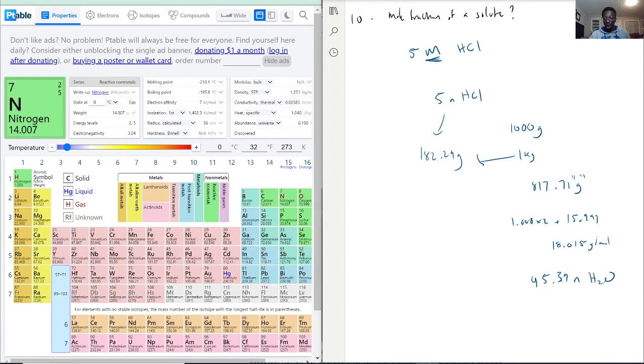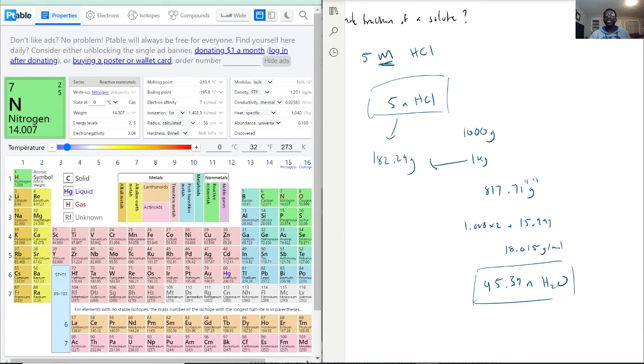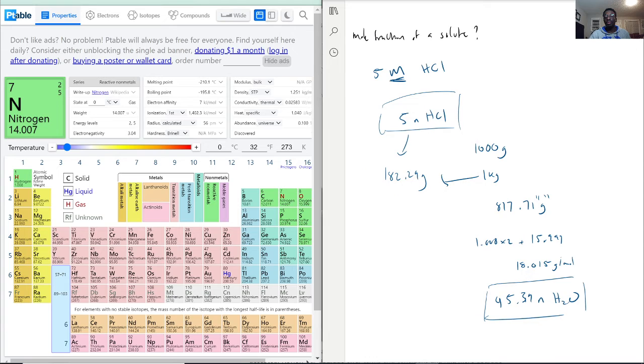This is all theoretical, but the important part here is, now that we have the moles of water and the moles of HCl, we can find the mole fraction. How much of this 5 molarity of HCl is composed of HCl? We divide the 5 by the total moles, so it would be 5 divided by 5 plus that 45.39, okay?